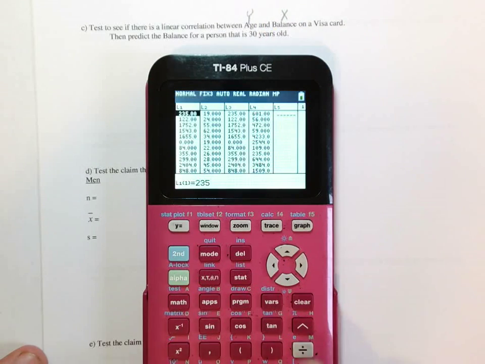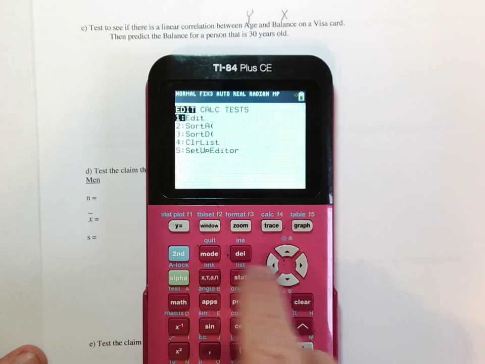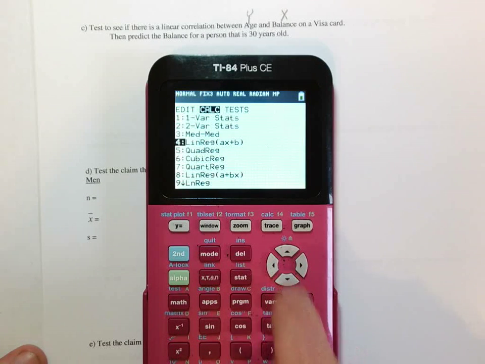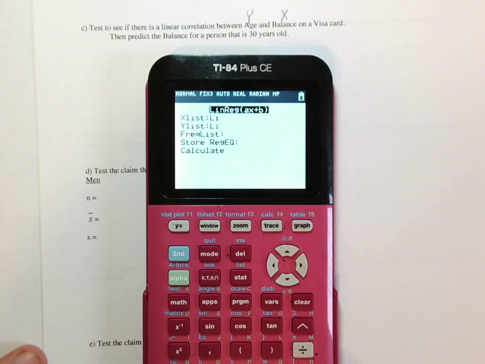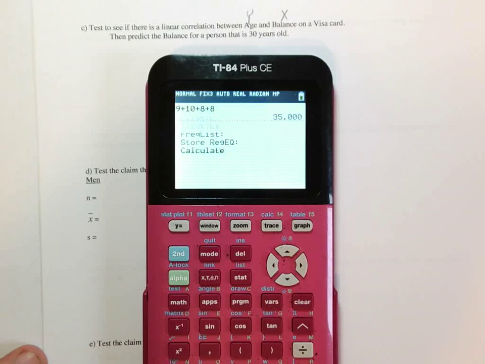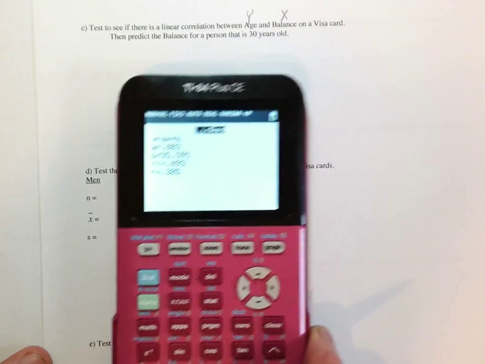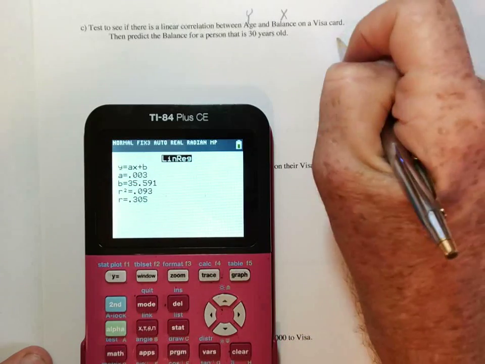Okay, now linear correlation. So using list 1 and list 2, you go to stat, calculate the linear regression for list 1 and list 2. And it says a few things. One, it gives us the equation of the line. So I'm going to go ahead and write that down.